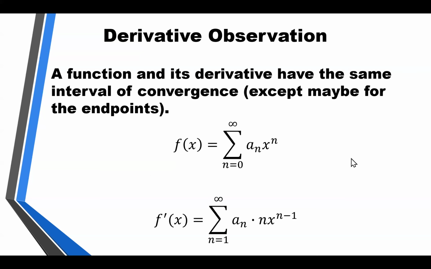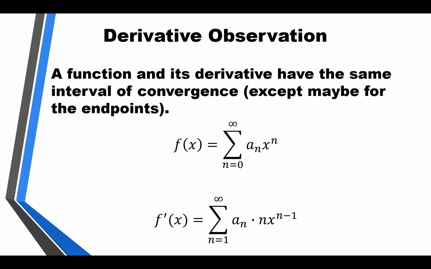One observation that I would like to make, this is not a huge part of this section, but there's a couple of observations that I'll make. This power series is an infinite polynomial.